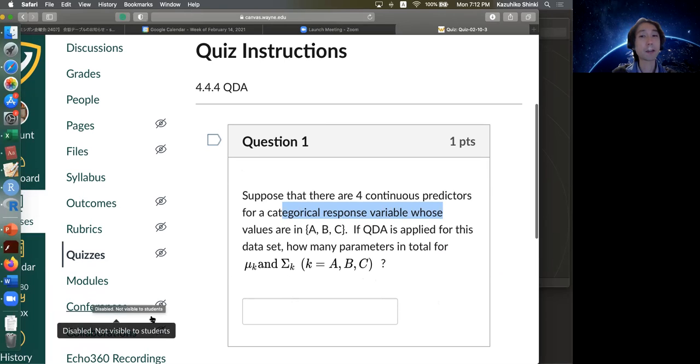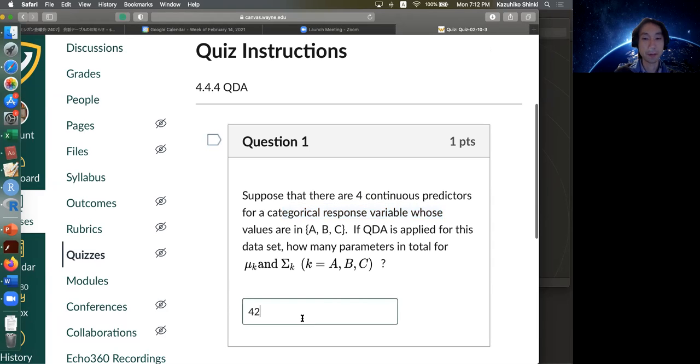And we have 3 groups. So 10 times 3 is 30, right? And 30 plus 12 is 42. So that should be 42.